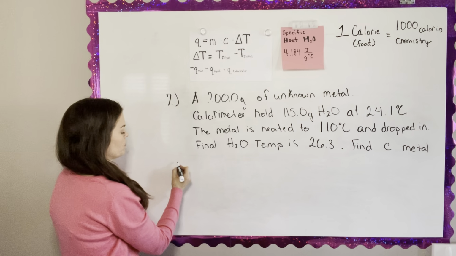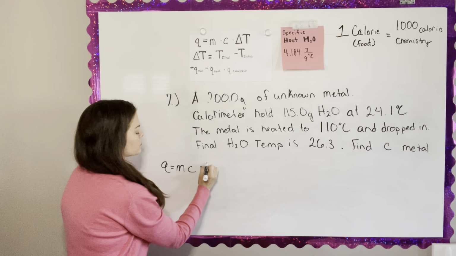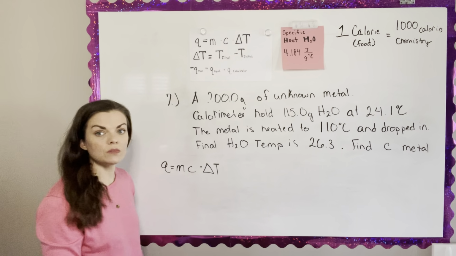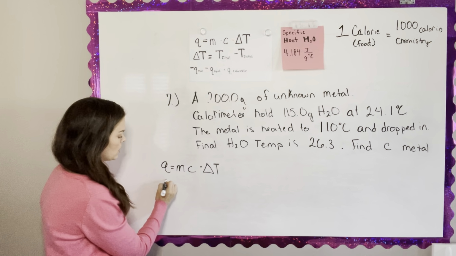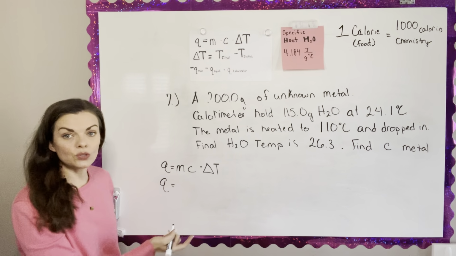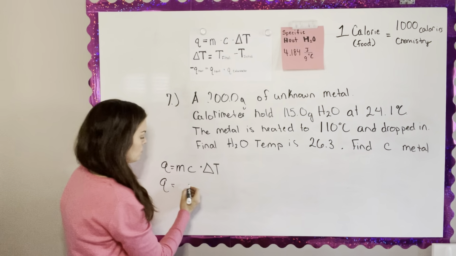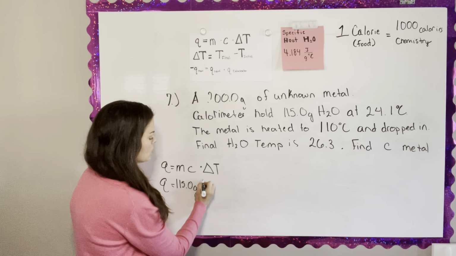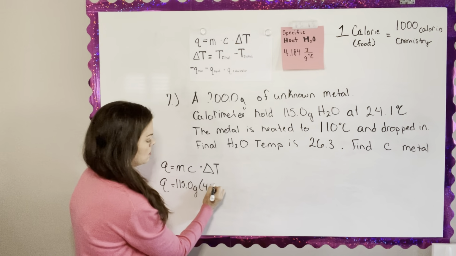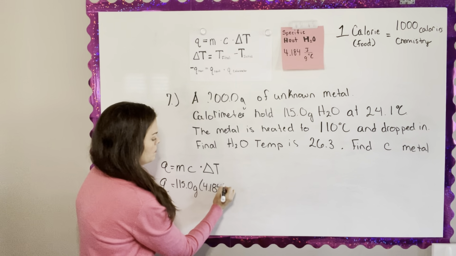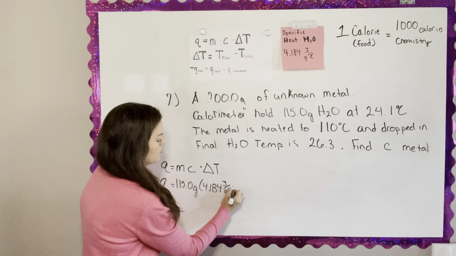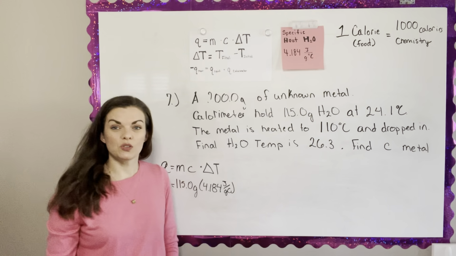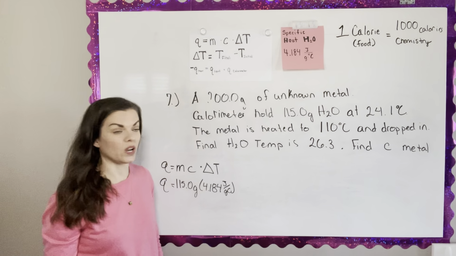So for water, Q equals MC delta T. I don't know Q, that's what I'm looking for. But I do know the mass of the water. It's 115 grams. And I actually know C for water because it's something you just have to know or write down, 4.184.